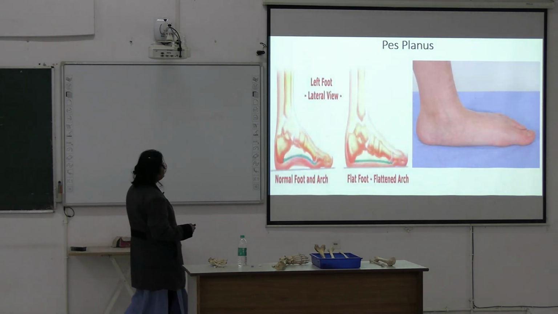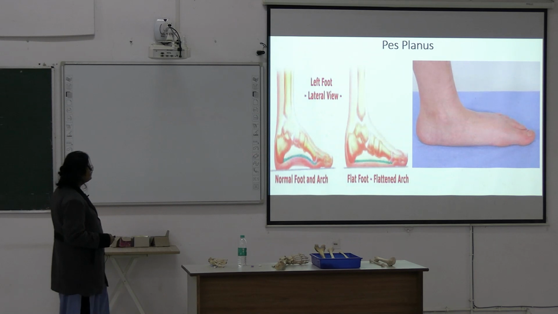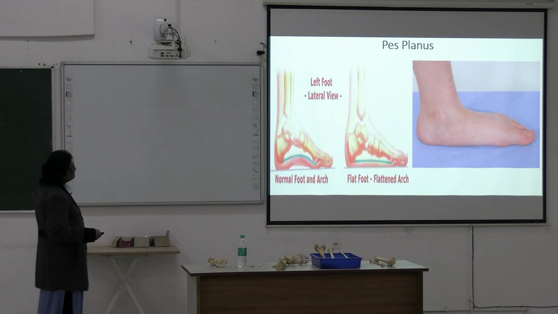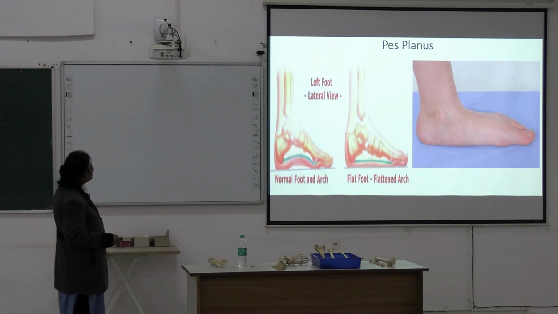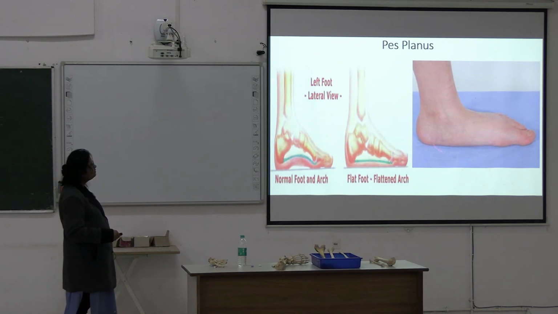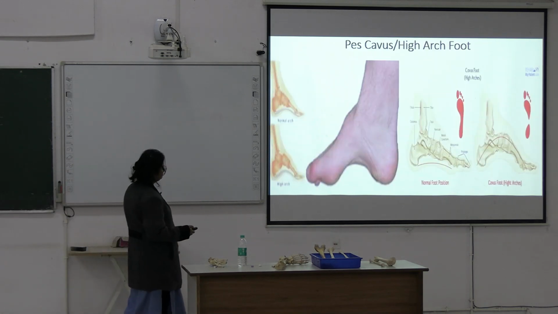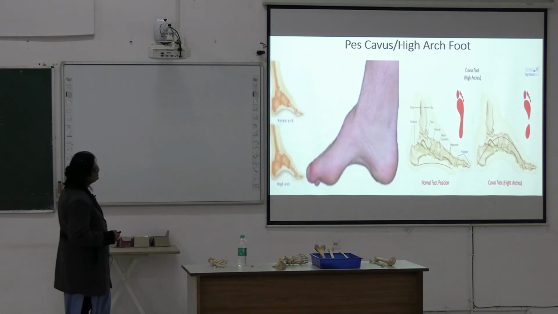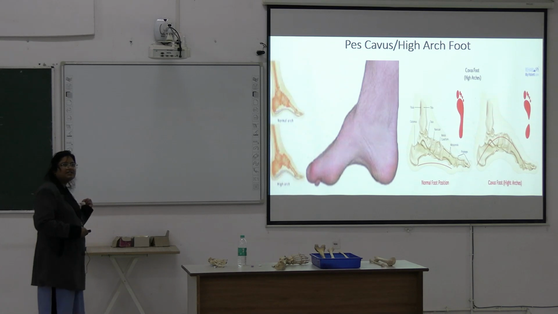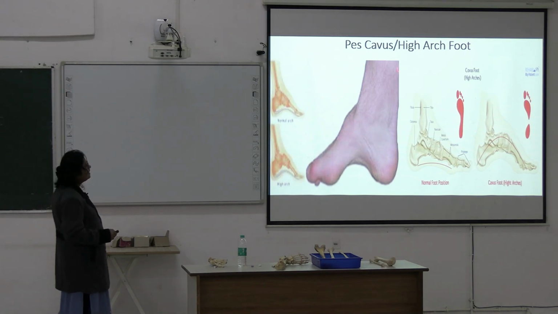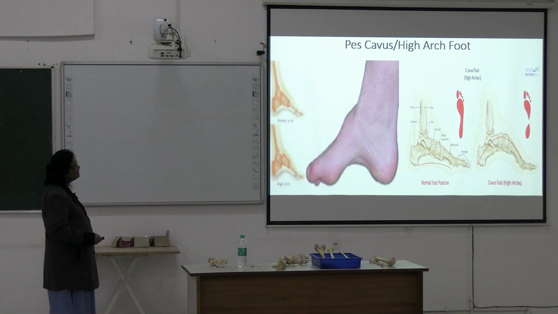Next, this is a normal foot and normal arch, this is a flat foot or flattened arch; here you cannot see the arch, okay. There will be pain mainly in flat foot. Left foot, lateral view. Next is pes cavus. Flat foot was named pes planus, okay, and this high arch foot is also known as pes cavus.